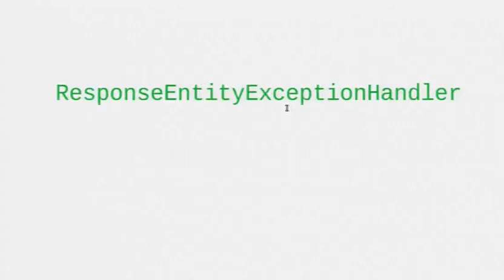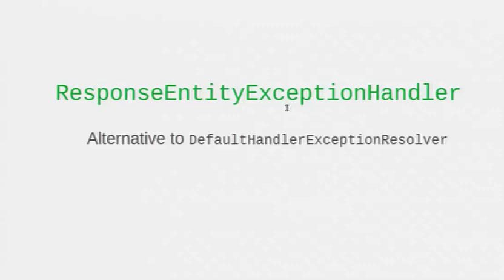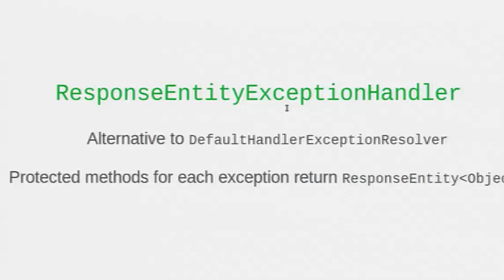Then we also have a replacement for the default handler exception resolver. So this is a new class which is intended to be a base class to be extended by applications, and it helps you with processing the Spring MVC exceptions. It does the same thing as the default handler exception resolver.